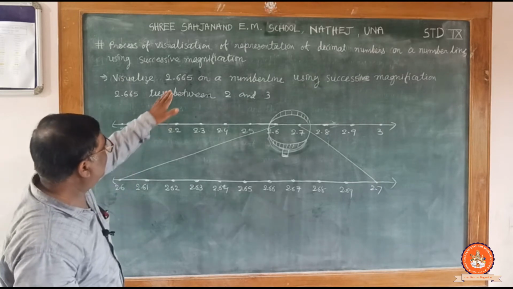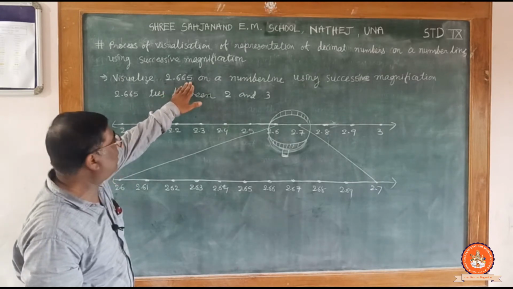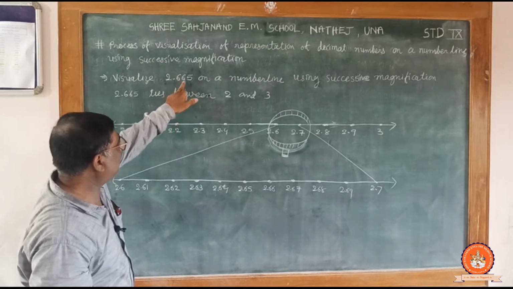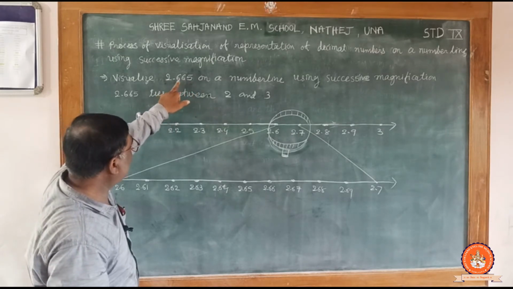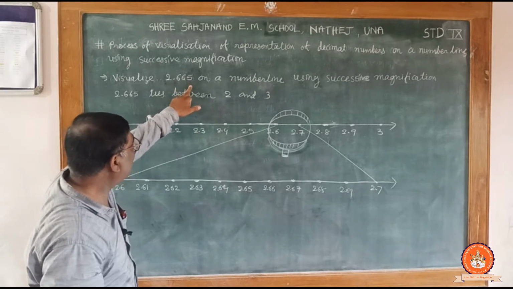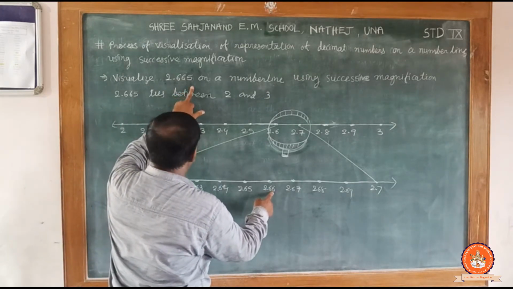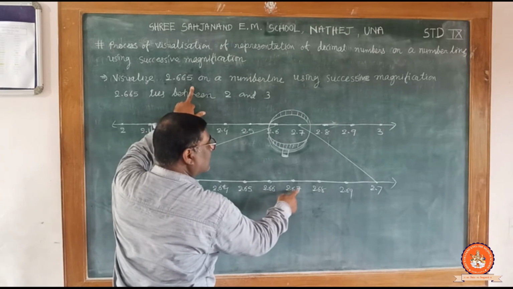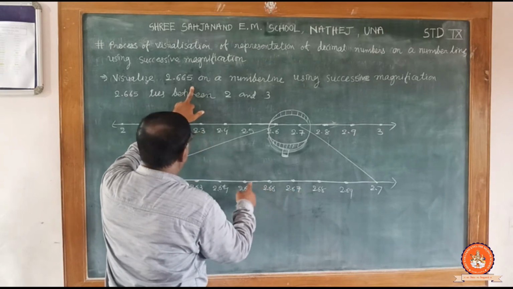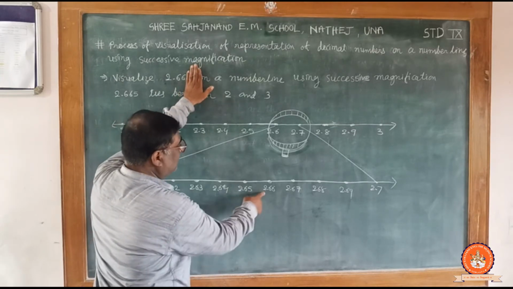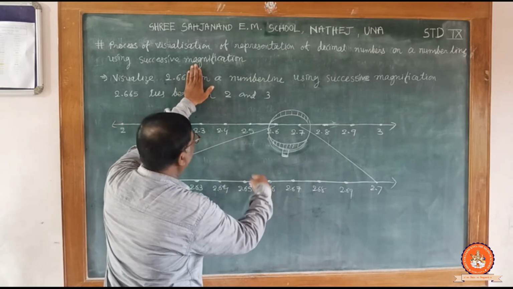Now look at the third digit after the decimal point, 2.665. Now 2.665 lies between 2.66 and 2.67. So be sure, 2.66 here, 2.67 will be the next.